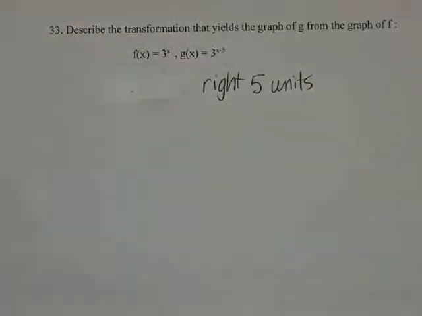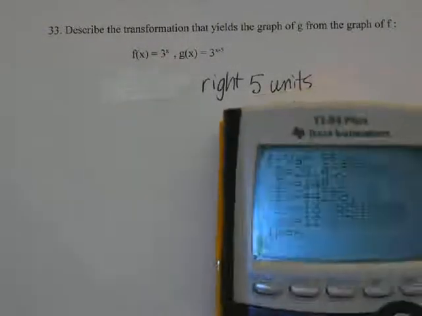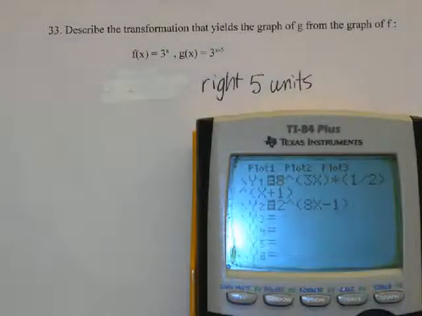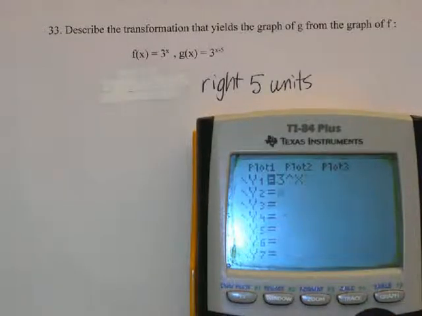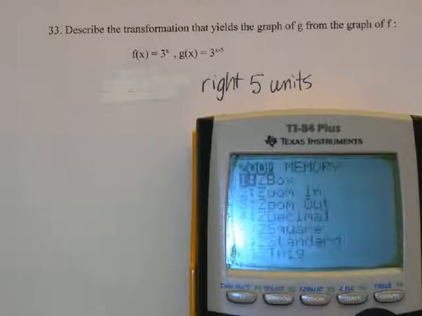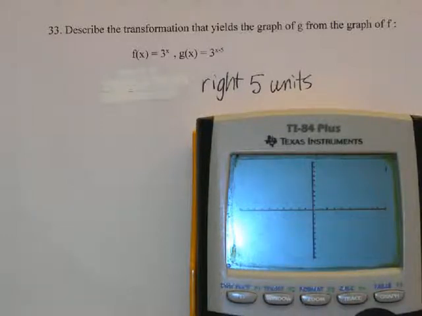To verify, we could plug the equations in. 3 to the x and 3 to the x minus 5. And we can see that it moved over 5 units.